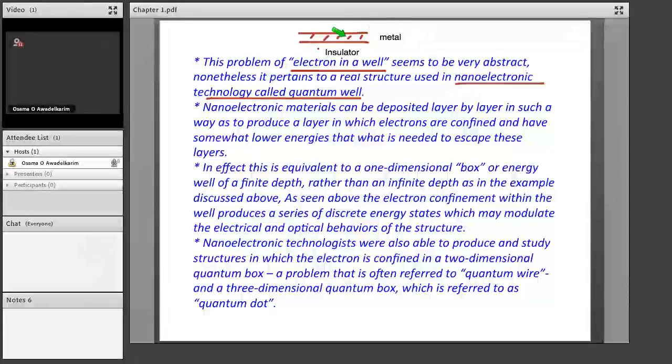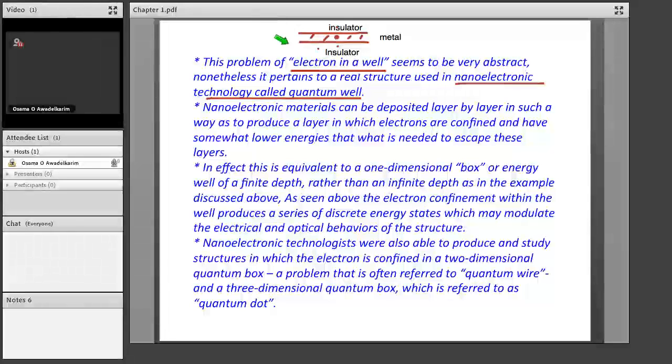Let's assume that it has only one electron here. And then on top here, we have an insulator. Again, we have an insulator, another insulator, and we have a metal. So if we have an electron here, then the electron cannot go to this insulator or this insulator.